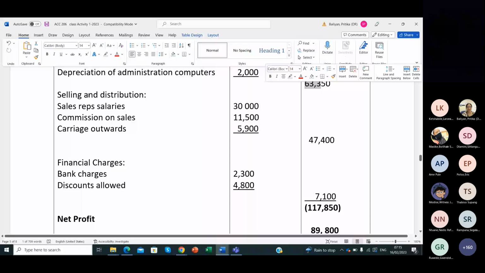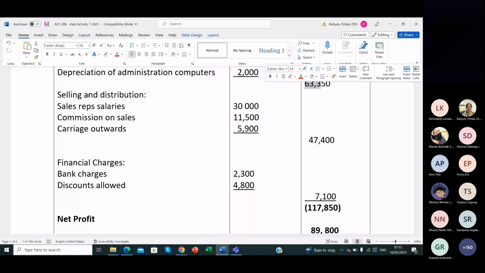Check what kind of selling and distribution costs are given in the question. You can check in the question from the beginning of the top. What expenses are there? Like sales representatives' salaries.